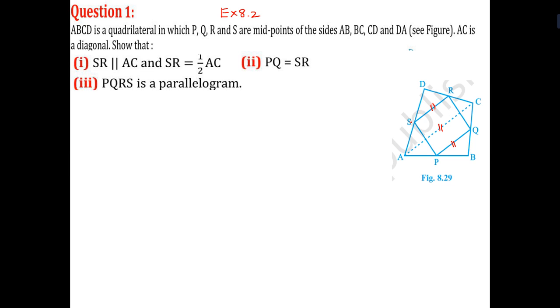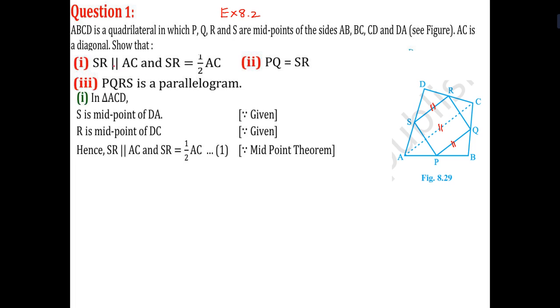So first of all I have to draw one triangle. From here we have to make one triangle. So in triangle ACD, if you will see triangle A, C and D, we can draw one triangle. S is a midpoint of AD and R is a midpoint of CD.